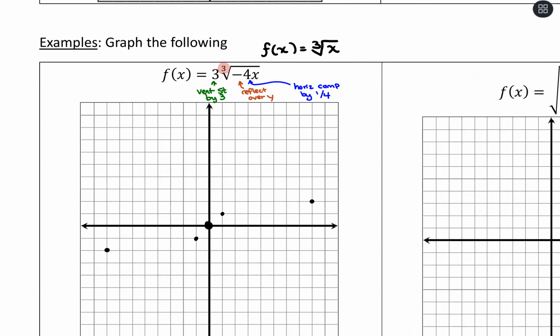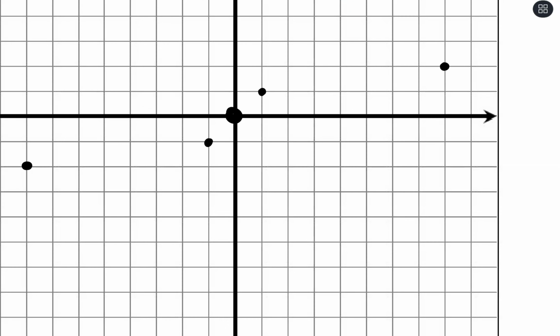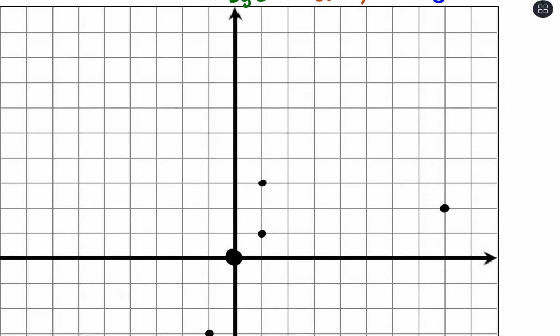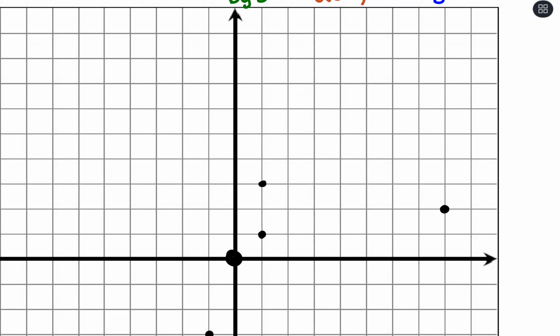Okay, so let's go ahead and do vertical stretch by 3. So 1 is now going to be a distance of 3, 2 is now going to be a distance of 6, and 0, 0 stays put. 1 will now have a vertical distance of 3, and 2 will now have a vertical distance of 6.